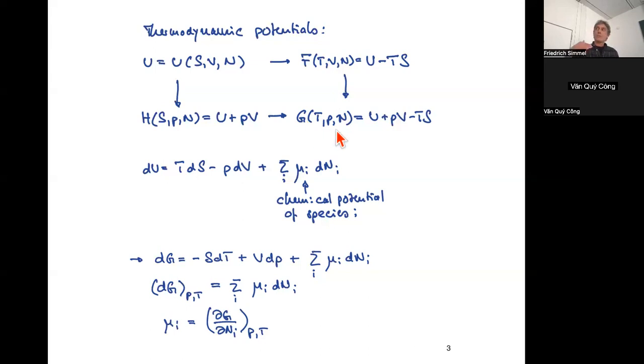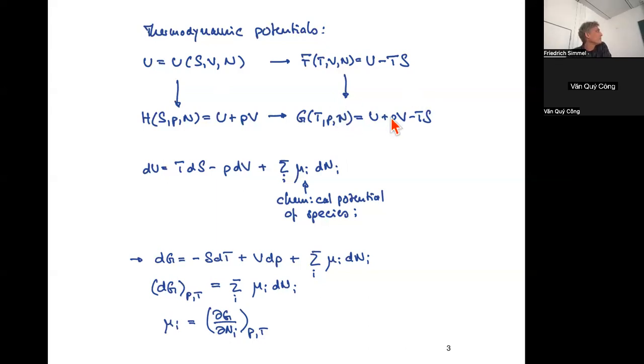Because the description of thermodynamic equilibrium essentially often boils down to some type of maximization or minimization. So maximization of entropy or minimization of energy, you need to then minimize the internal energy subject to the constraint of your pressure and temperature.